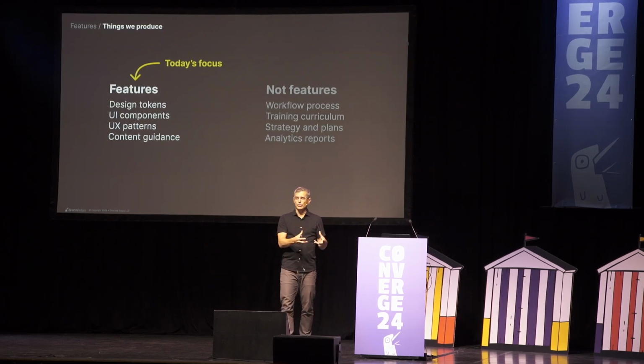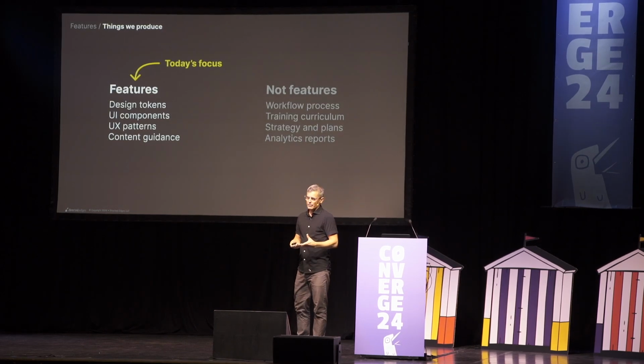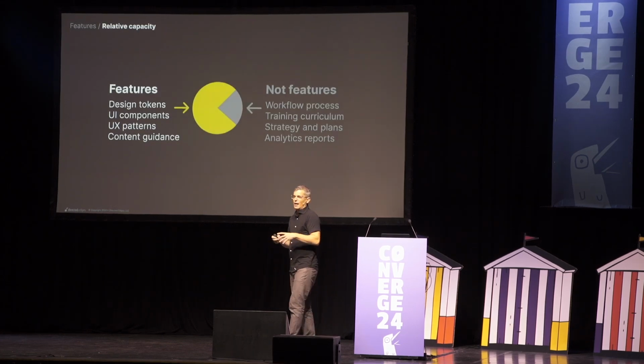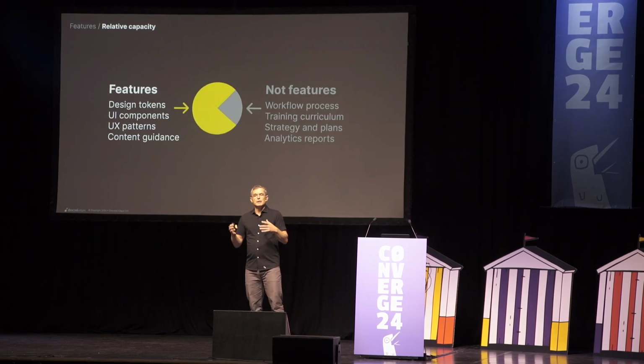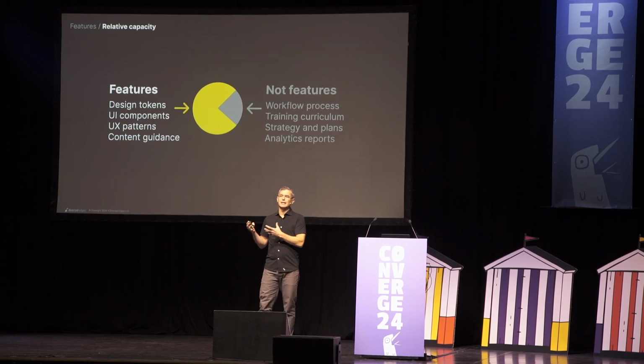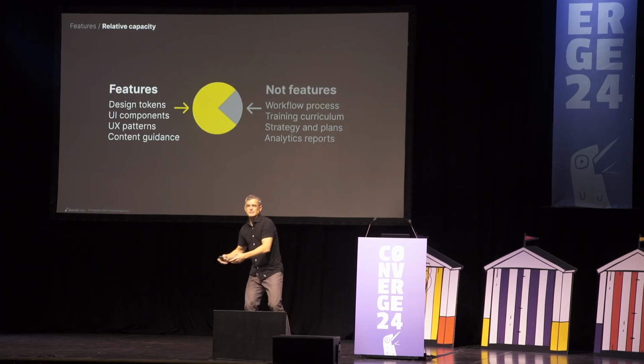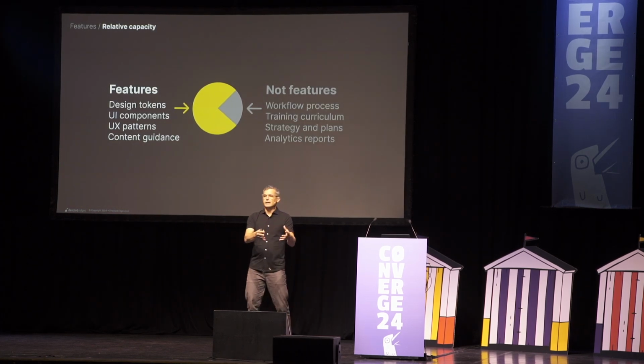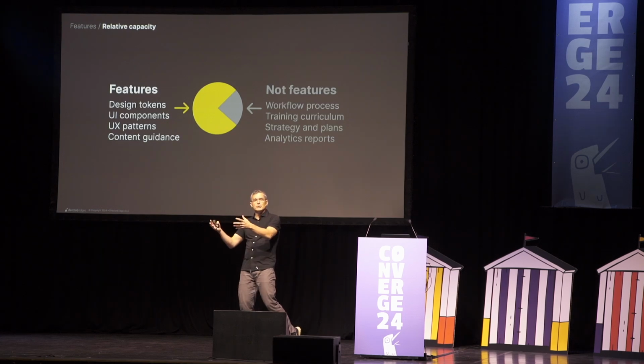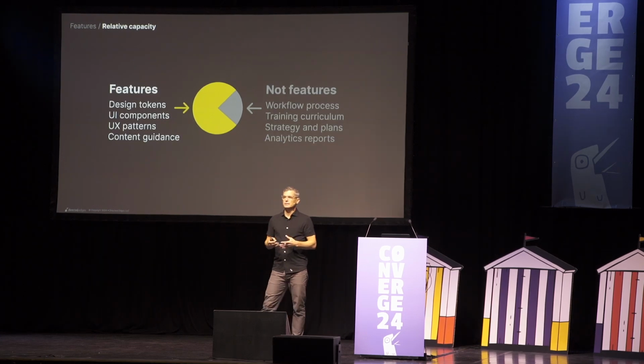I'm just going to show you the processes that we have or that I install at various clients that I work with. And so whether we like it or not, developing those features and delivering those things over time gobbles up a lot of the resource capacity that we have on our teams. I work with teams that are composed of lots of designers and developers and writers and occasionally accessibility specialists and researchers and other kinds of specialists too.